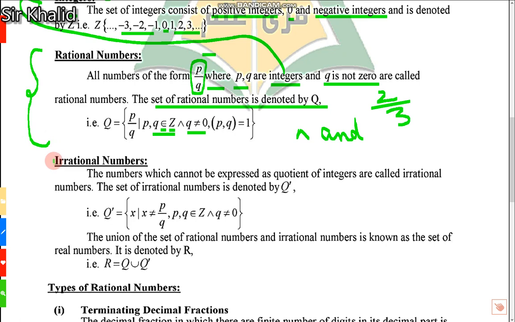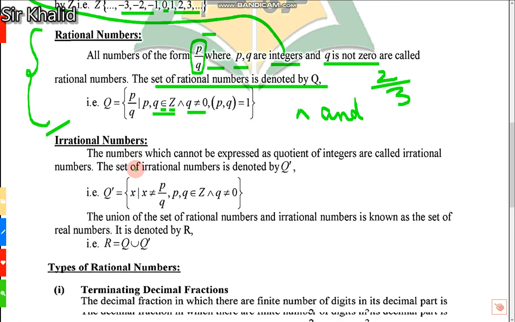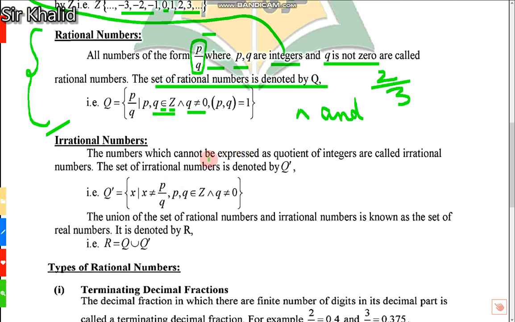Irrational numbers. The numbers which cannot be expressed as a quotient of integers, that is, x is not equal to P over Q, not written in the form of fractions, are called irrational numbers.